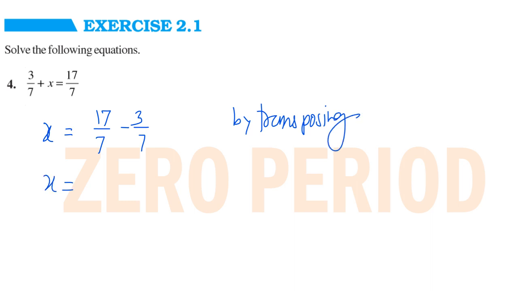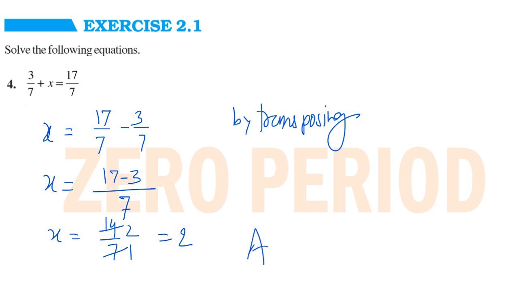So x is equal to, 7 is the denominator in both the rational numbers. So you can write 17 minus 3, x is equal to 14 by 7, 7 once is 7, 7 twice is 14, x is equal to 2 I think. The answer will be 2 only. This was the fourth question.